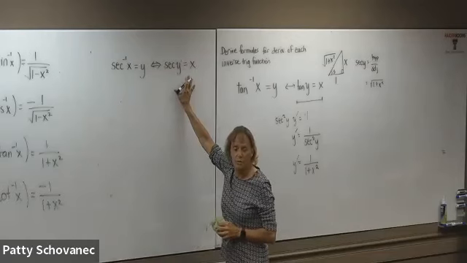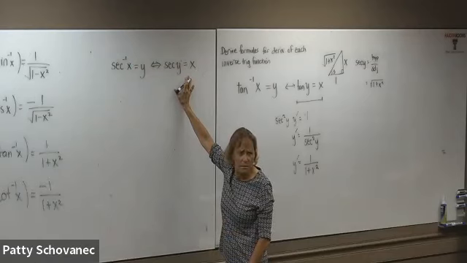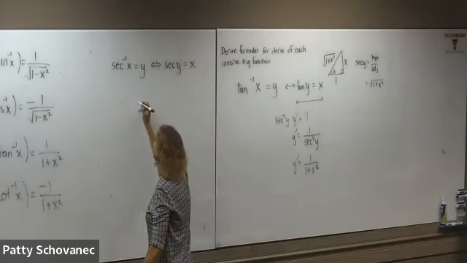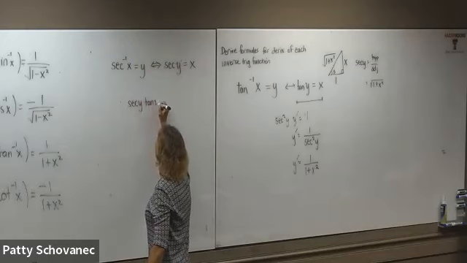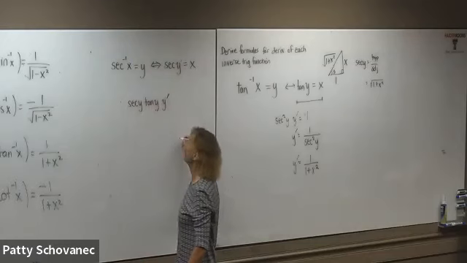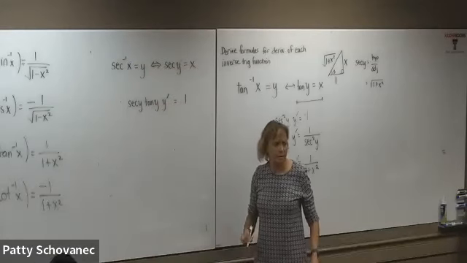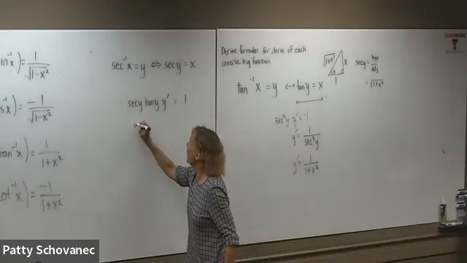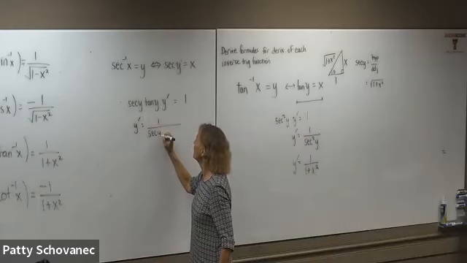This is what we take the derivative of using implicit differentiation. What's the derivative of a secant? Secant tangent. So over here I get secant y, tangent y, times y prime. The derivative of x is just 1. So y prime is 1 over secant y, tangent y.